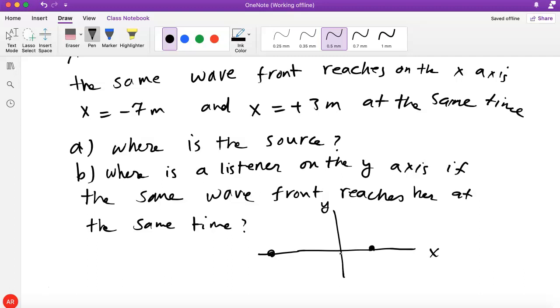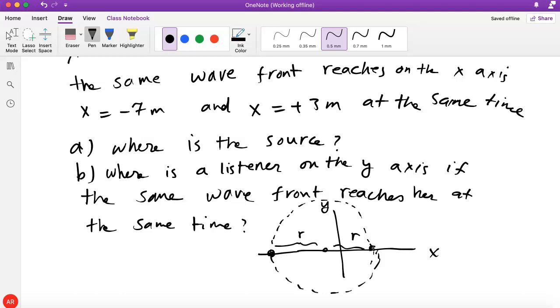And then you want to see where the source is. If the source is somewhere on the x-axis, which is what the problem is saying, it must be the same distance from these two listeners, right? They are on a circle whose center is the source. So this must be the radius of the circle, and that must be the radius of the circle.